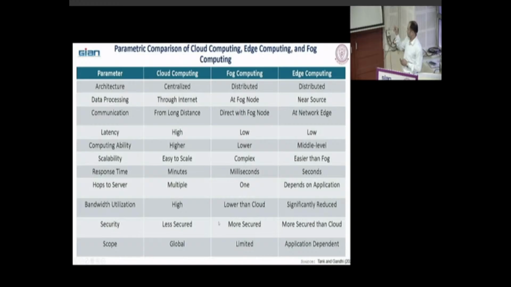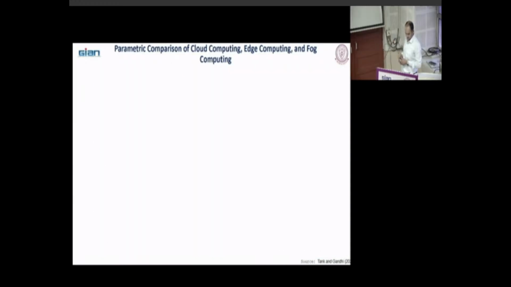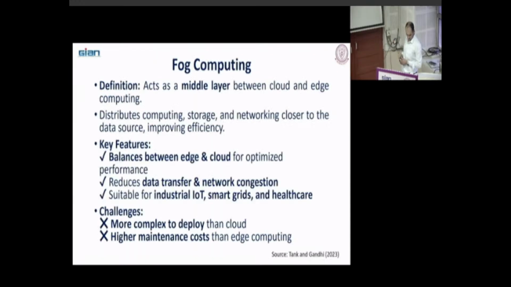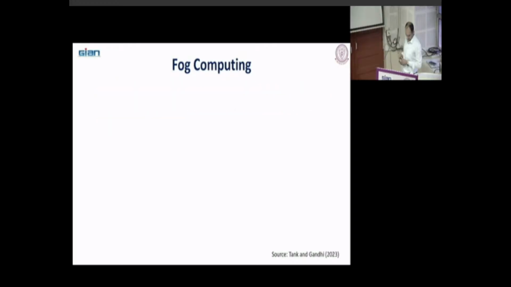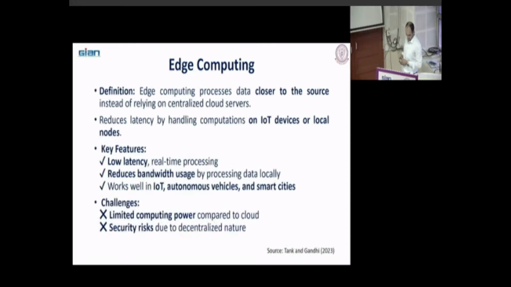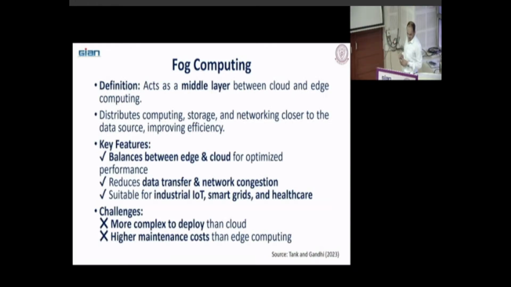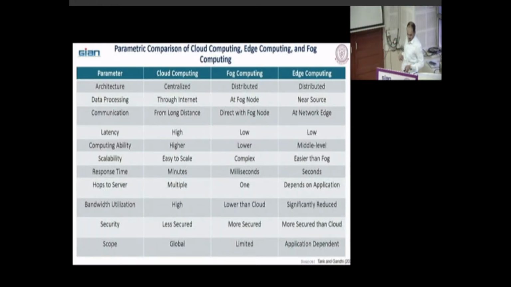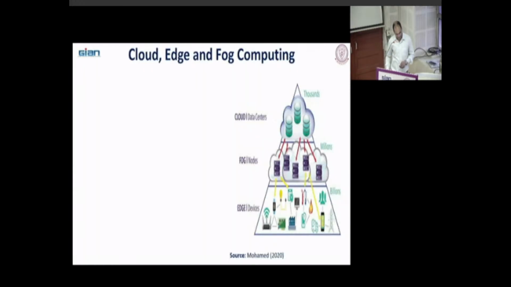So there is some problem with the second last row. Good observation. So cloud is more secure, and edge is less secure because of the decentralized nature.